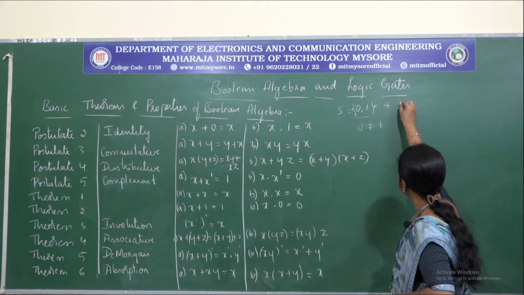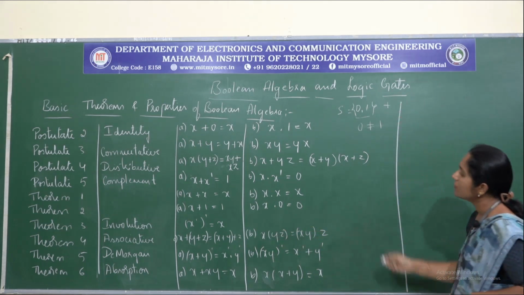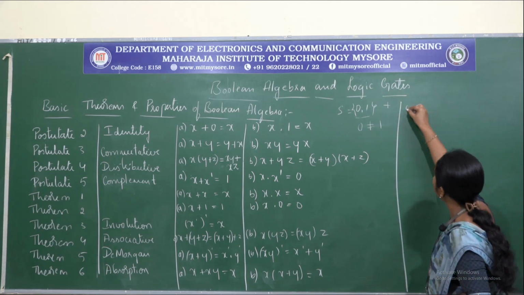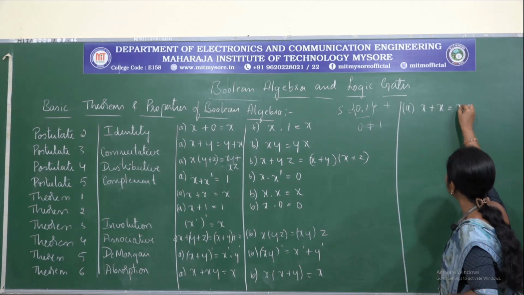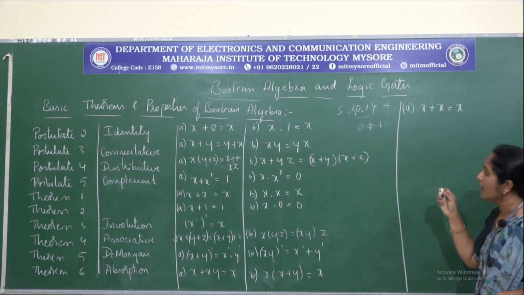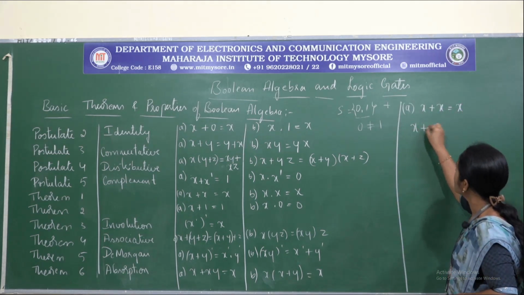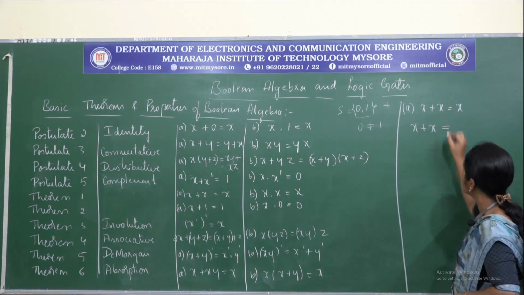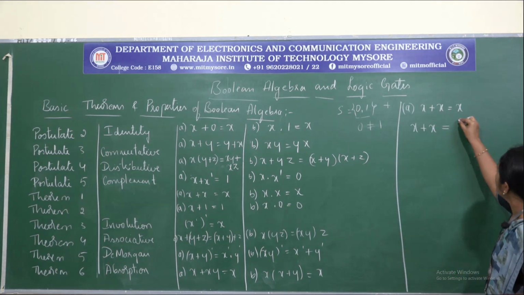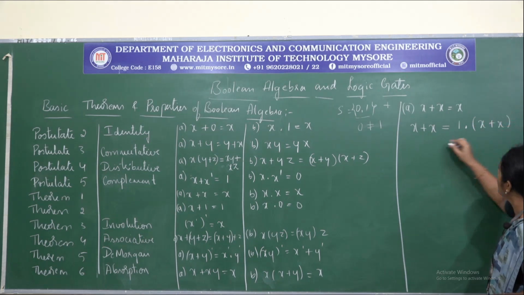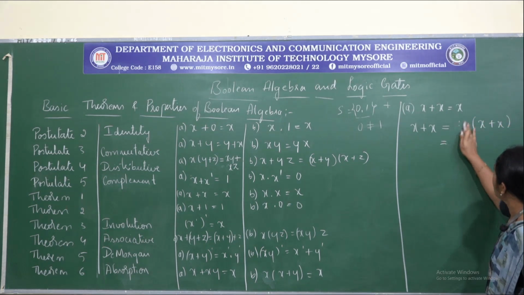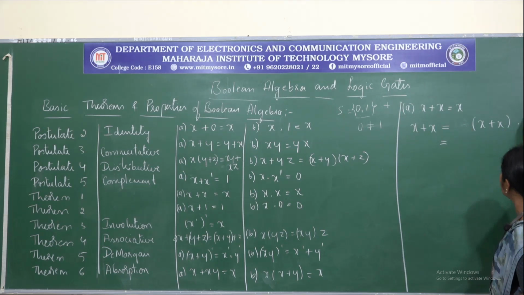If I consider theorem number 1, theorem 1a, we have x plus x is equal to x. Let us consider the LHS, which is x plus x. Now let me write this as 1 into (x plus x), or we can write this as (x plus x) into 1 also.